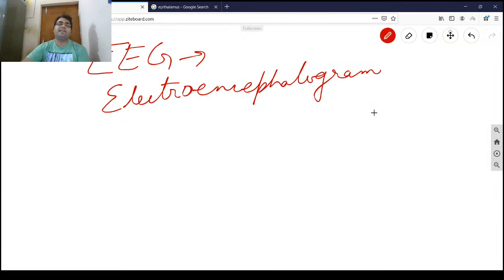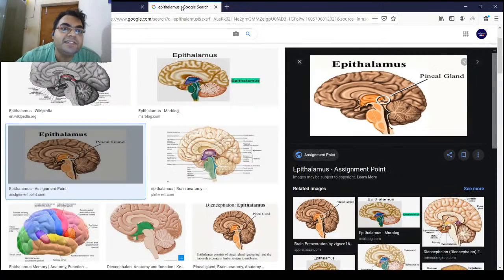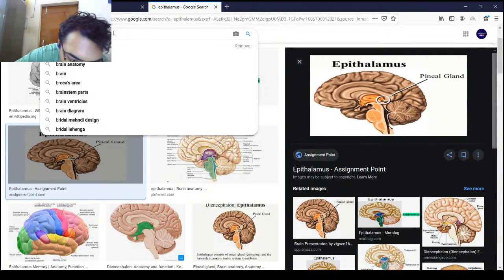We have various types of brain waves. I'll show you the figure also if I have it. Let me see if I can get the figure of the brain waves.